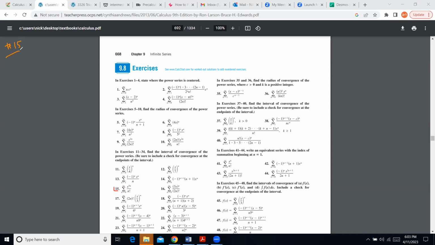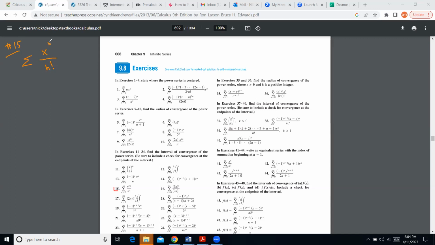So problem number 15 has a series with a denominator that has n factorial, and the numerator of this series has x raised to the power of 5n.